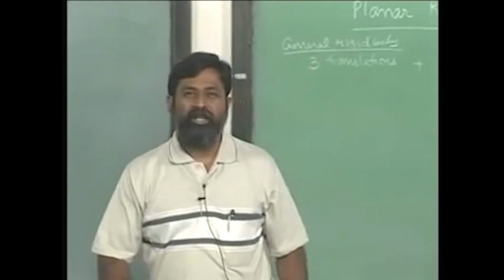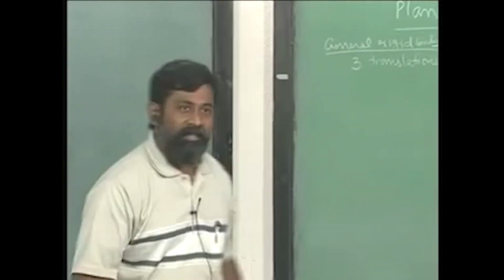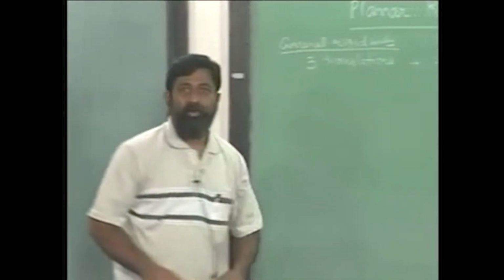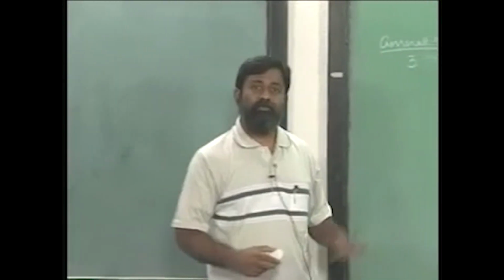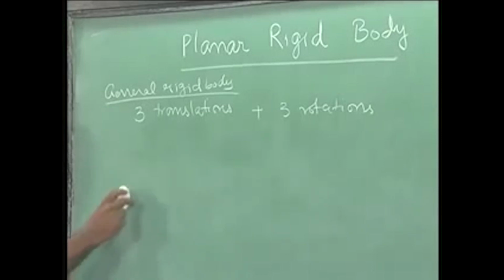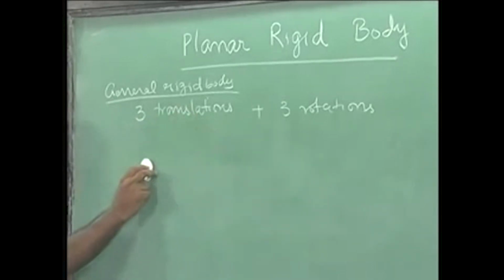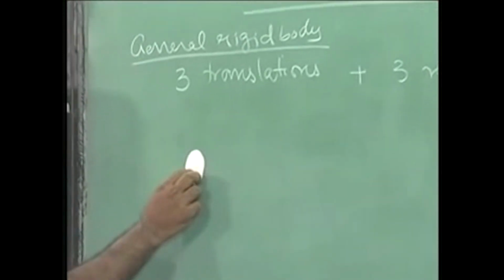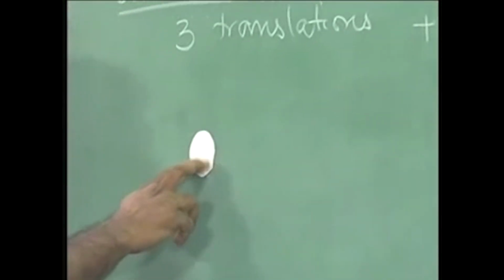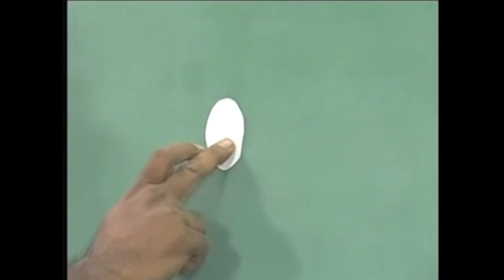In order to make understanding clear, let us reduce that to a body that has fewer ways of motion. For example, if I take this board and a body attached to this board, and I want to describe this body, let us say it is a rigid body, there are 3 ways in which it can move.